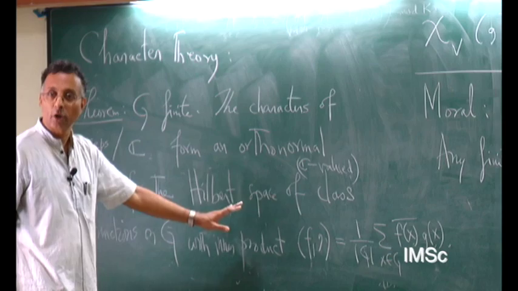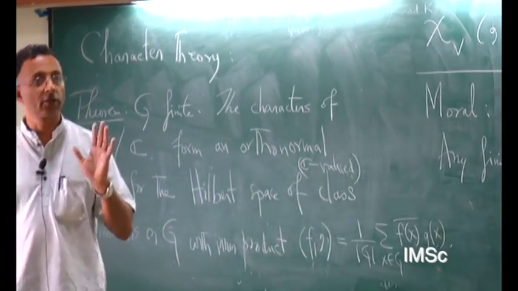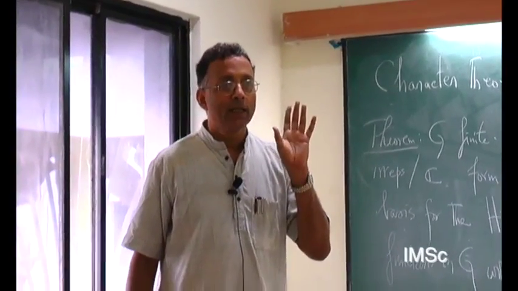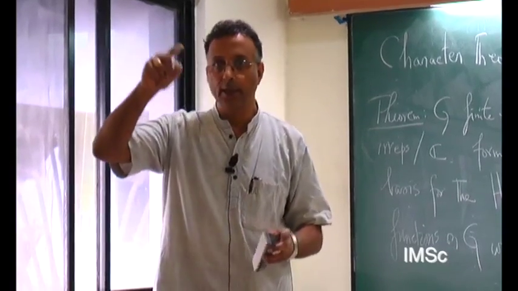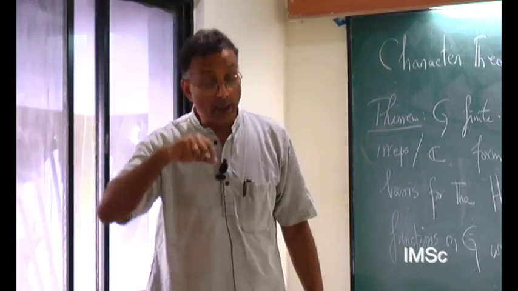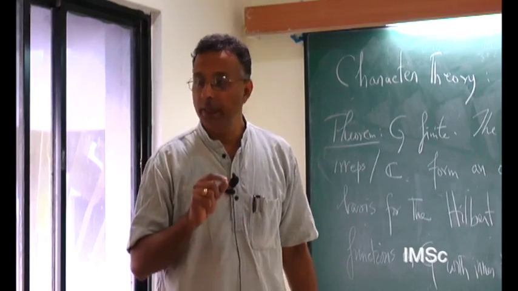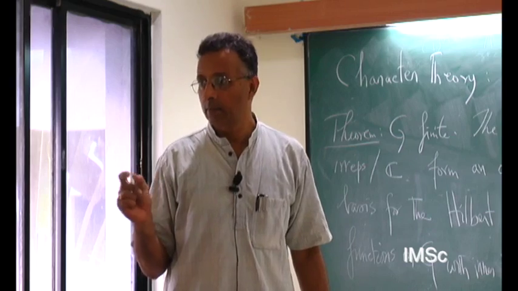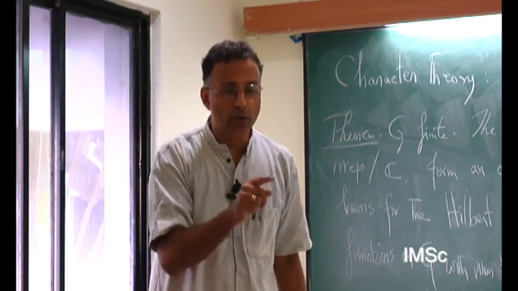Functions that are constant on conjugacy classes of G. So the dimension of this space is evidently equal to the number of conjugacy classes of G, because a basis for this space would be the characteristic function of a conjugacy class, meaning it is 1 on one conjugacy class and 0 on all other elements.